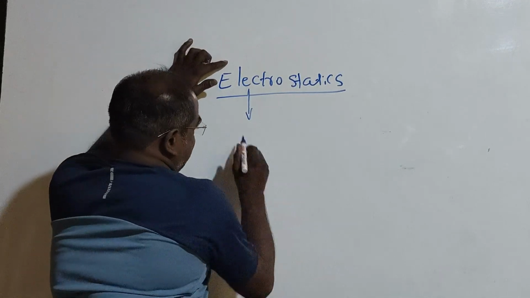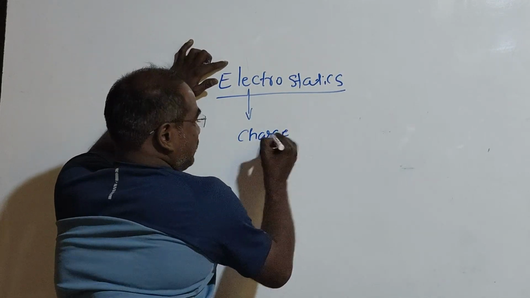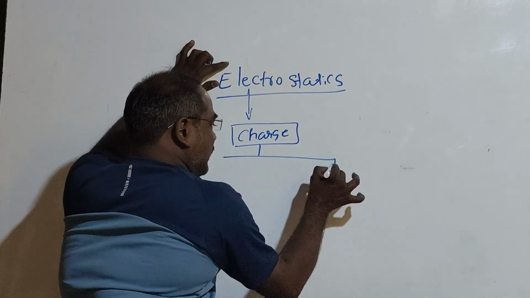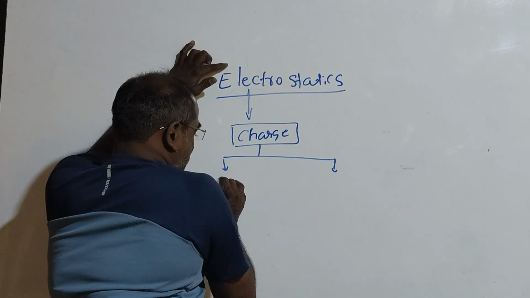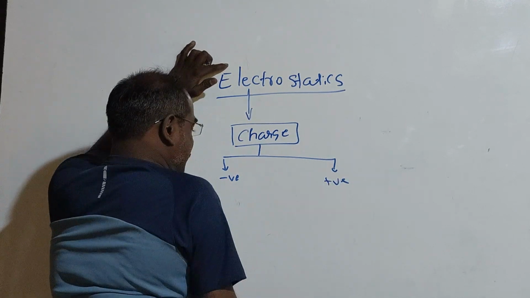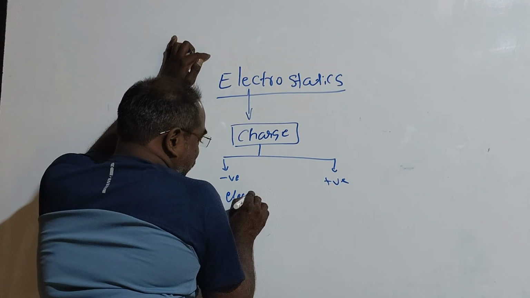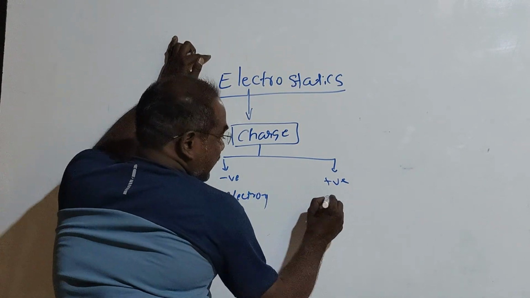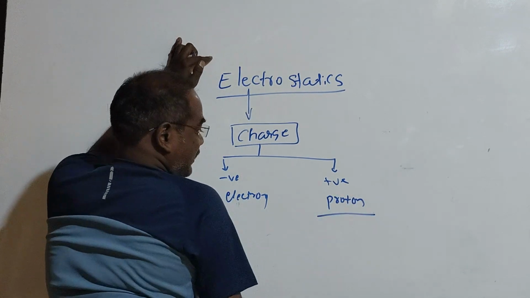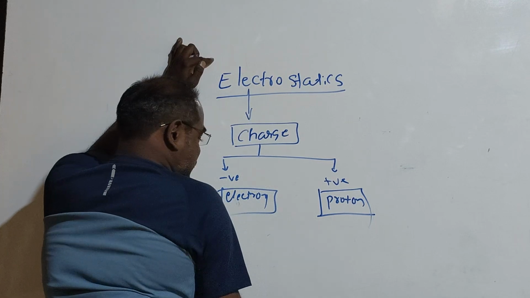Let me consider electric charge. If I classify this charge, there are two types of charge. One is negative, another one is positive. Example for negative charge is electron, and example for positive charge is proton. Proton is positively charged, electron is negatively charged.